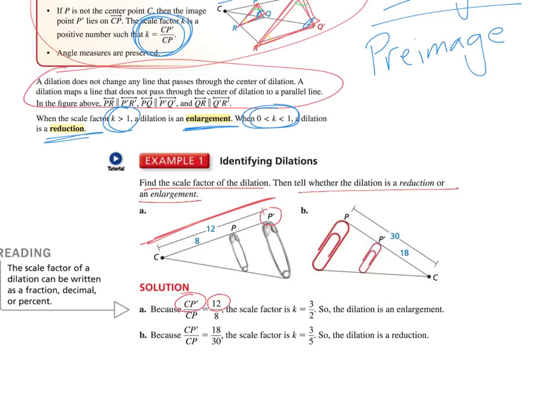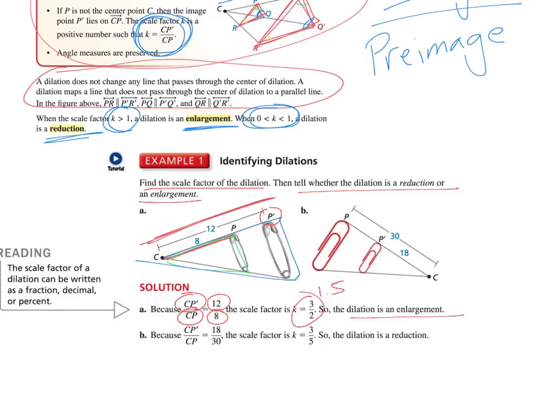And we put it over the pre-image, what I originally started with, and that's 8, CP. That reduces to 3/2, and 3/2 is also 1.5. Since it's greater than 1, it's going to be an enlargement. We originally started with this triangle right here, and we ended up with this bigger triangle here, or a bigger paper clip, if you want to look at it in that way.